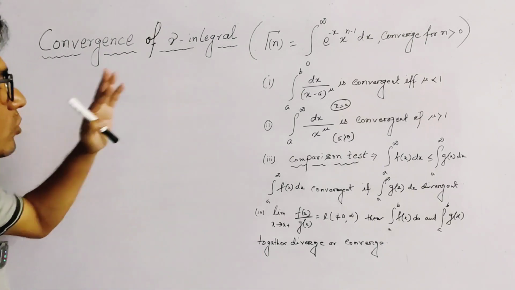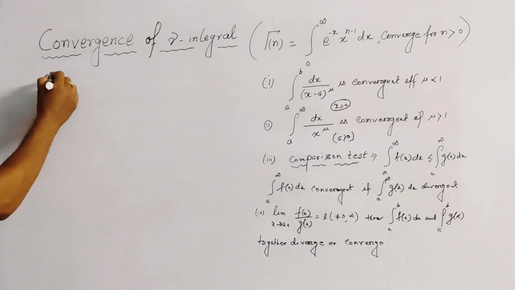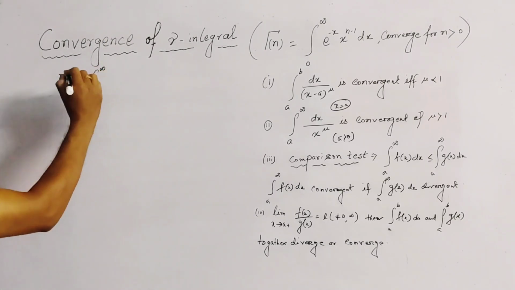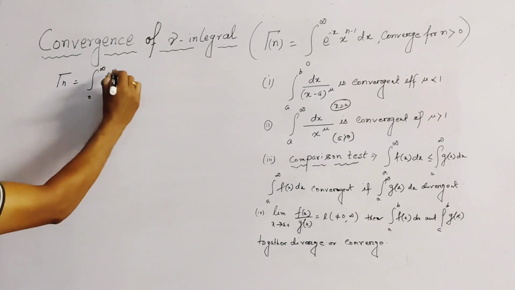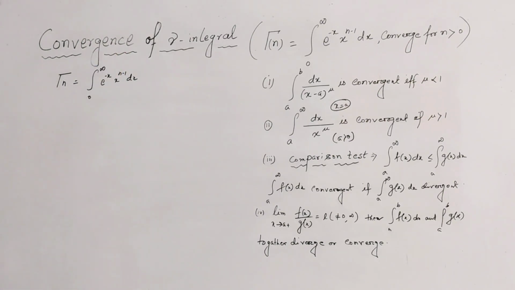Now we go to our original problem. Here the function is equal to integration 0 to infinity e to the power minus x and x to the power n minus 1 dx.